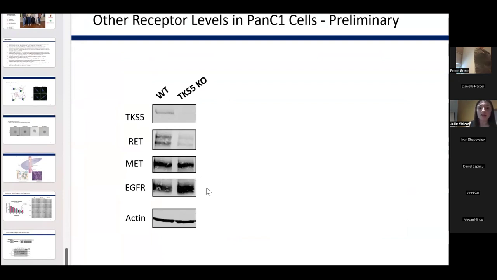I have seen some papers show EGFR also associates with TKS5, so I'm not sure what's going on there exactly. I'm going to look further into whether regulators of RET transcription might be a global effect, where TKS5 being knocked out or knocked down is just impacting the levels of those transcription regulators specifically.